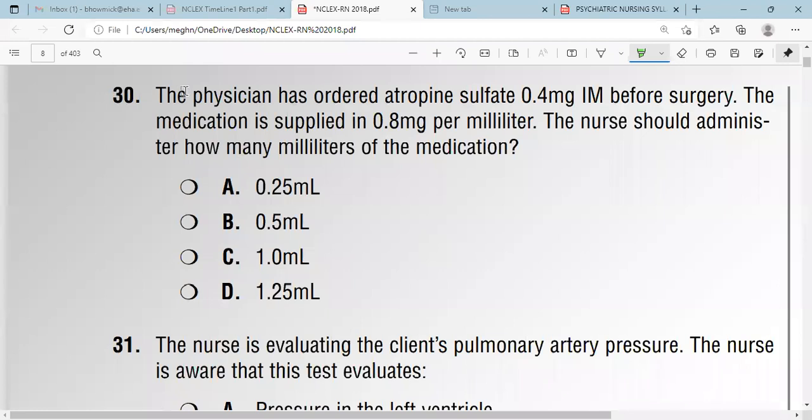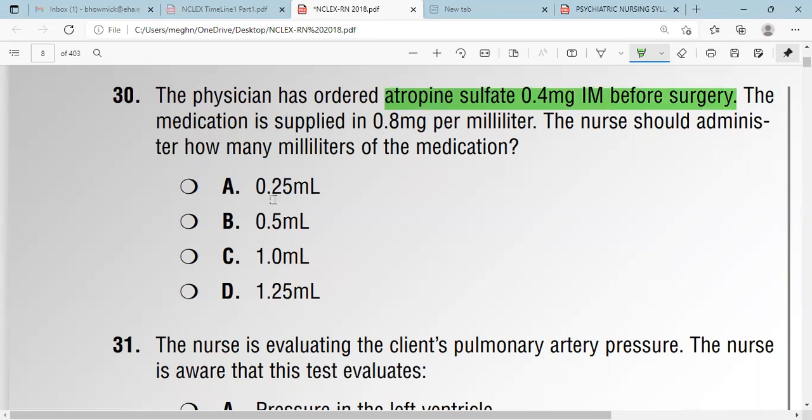Next question here. The physician has ordered atropine sulfate 0.4 milligram intramuscular before surgical operation. The medication is supplied in 0.8 milligram per milliliter.